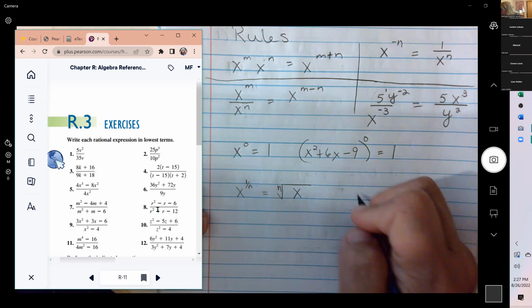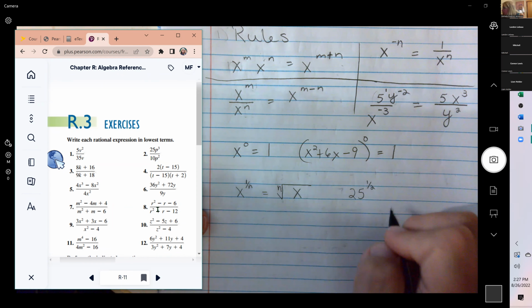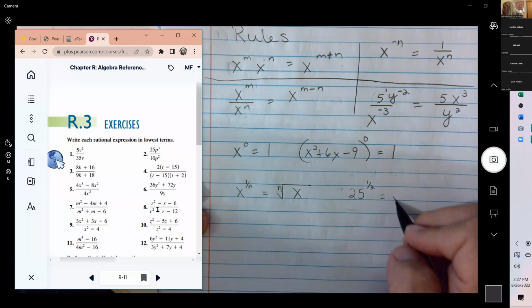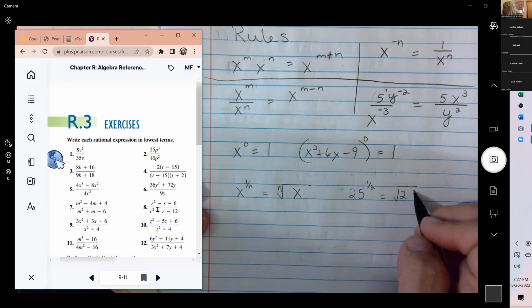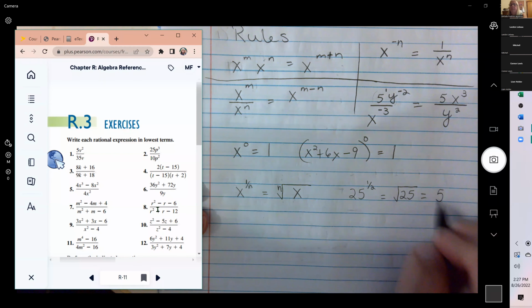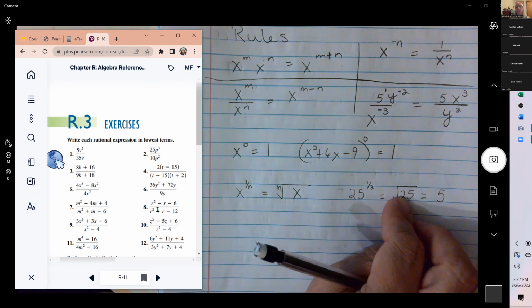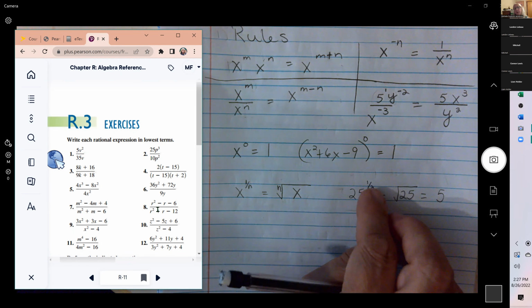So if we had 25 to the 1/2, that would mean the square root of 25. And we know the square root of 25 is 5. So radicals are the denominator of your exponent.